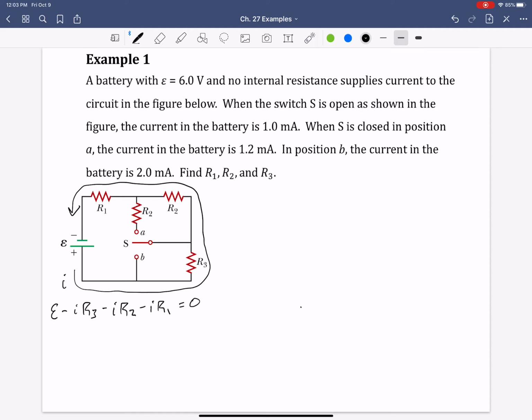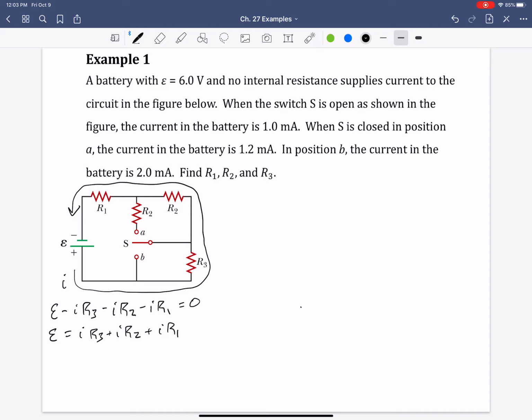All terms on one side of the equal sign, or you can write them such that the EMF or any and all EMFs in the circuit are on one side and everything else is on the other, whichever way you prefer. And what I mean by that is, well, this, right?